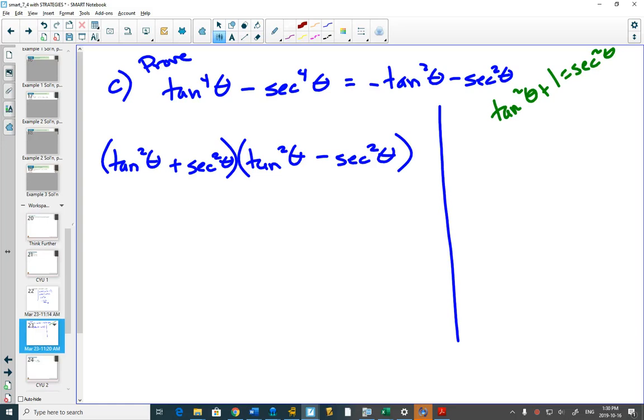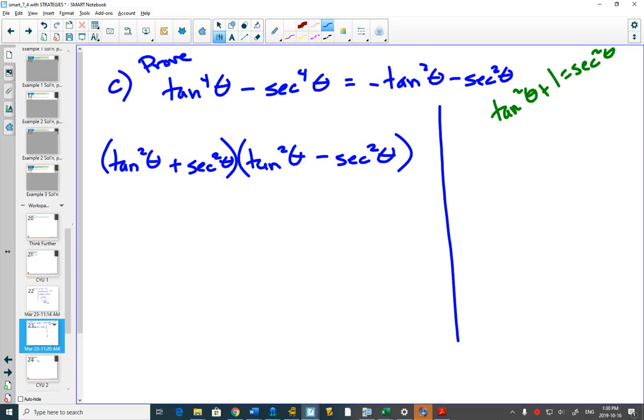Can you rearrange this formula to ever get tan squared plus secant squared? Can you rearrange this formula to ever get tan squared minus secant squared? Can you see that you could rearrange this formula to get the second one, but you couldn't rearrange the formula to get the first one?